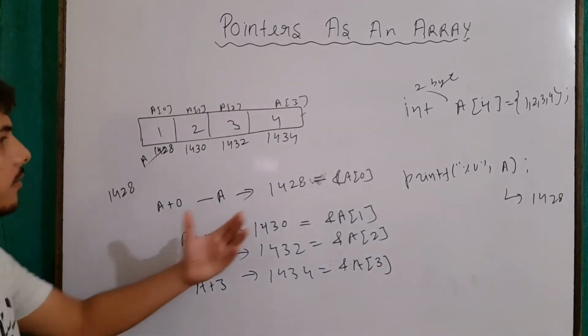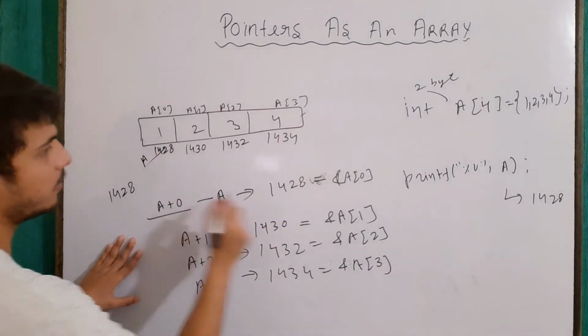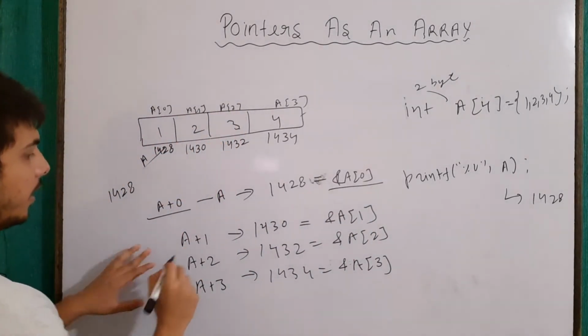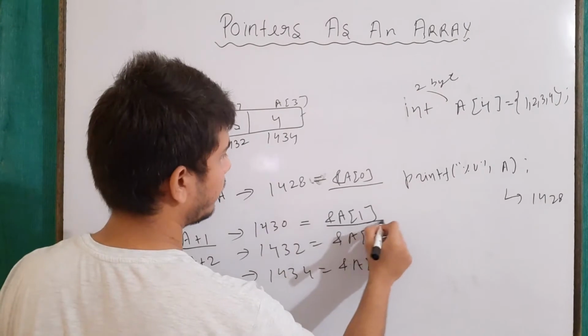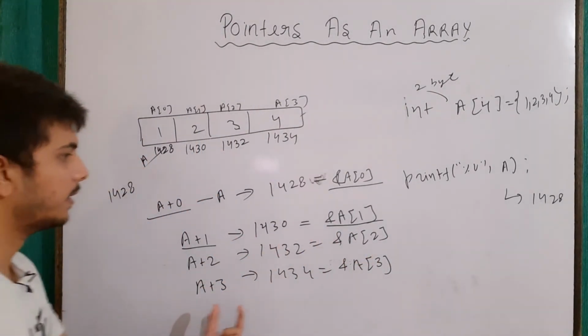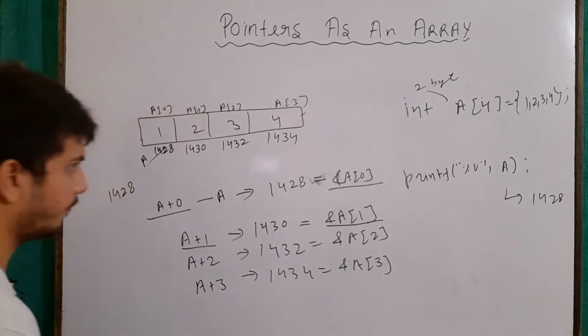Now you can see the similarity of what's going on here. a+0 is equivalent to &a[0], a+1 is equivalent to &a[1], a+2 is equivalent to &a[2], and a+3 is equivalent to &a[3].